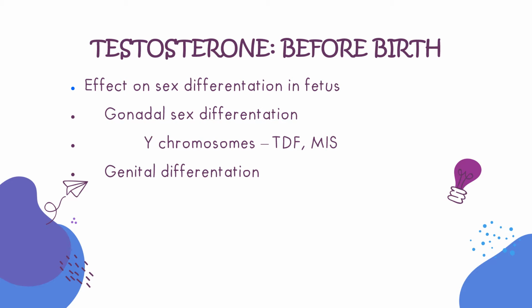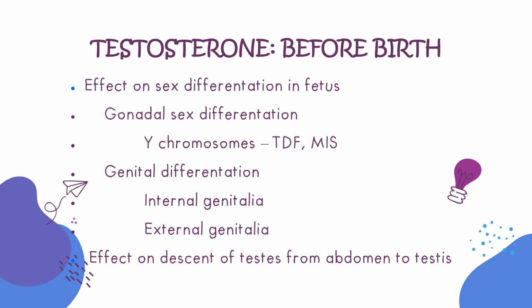Then genital differentiation, that is the internal genitalia and external genitalia, and it also has an effect on the descent of the testis from the abdomen to the scrotum. Here dihydrotestosterone plays a major role. If not, it will result in cryptorchidism. We will discuss that in detail in the applied aspects.